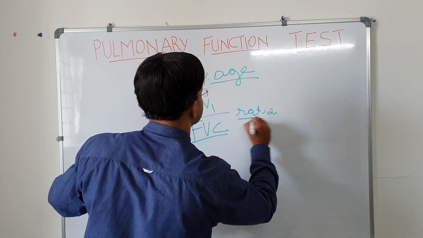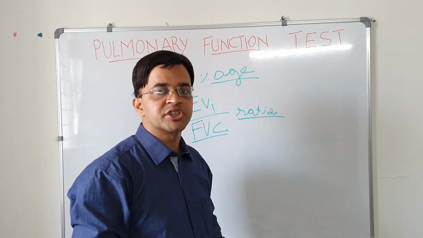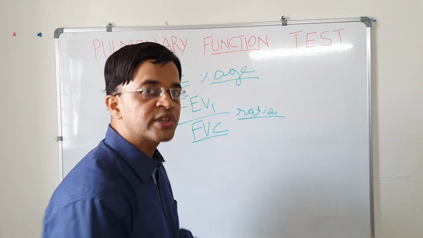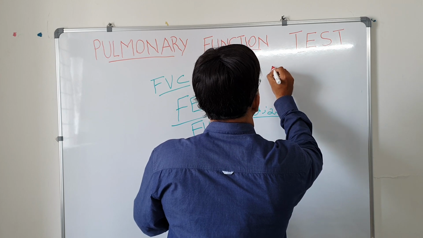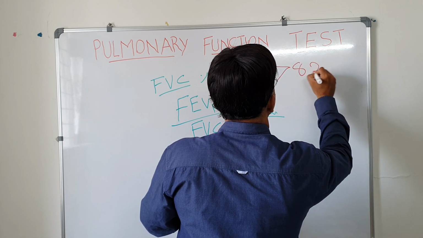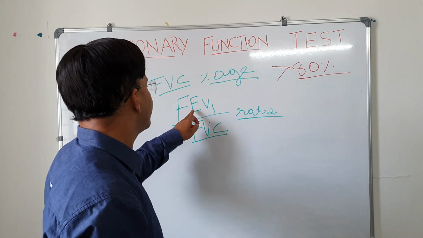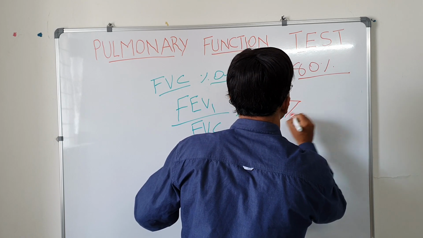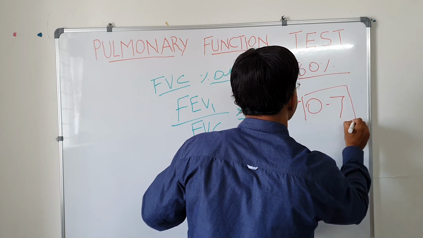This FVC percentage should be more than 80%, and this FEV1 by FVC should be more than 0.7. Okay.